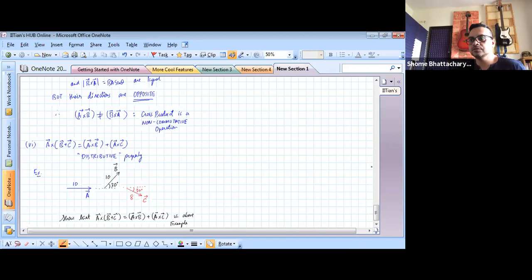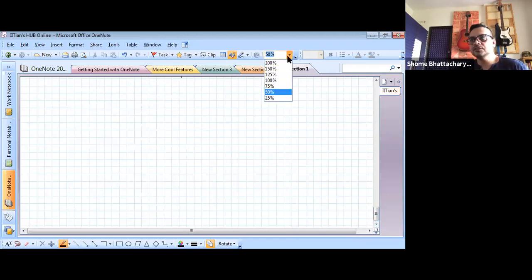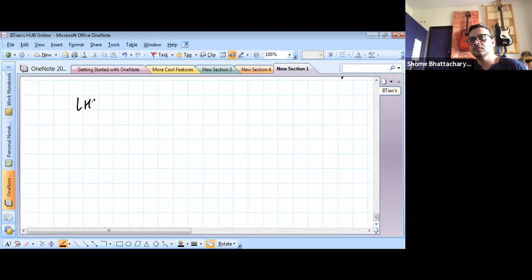Okay, so let's do the left hand side first. So in the left hand side, you have to calculate A cross of B plus C. So in this we know A is a vector like this, of magnitude 10. But what about B plus C? So what about this vector?